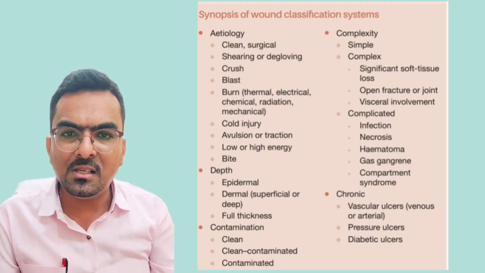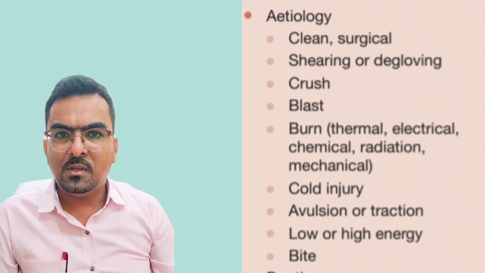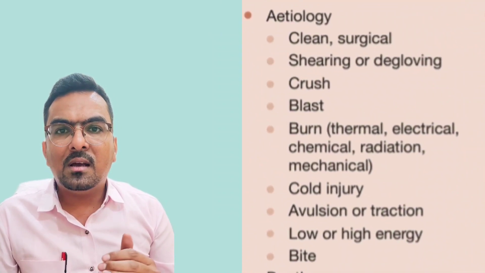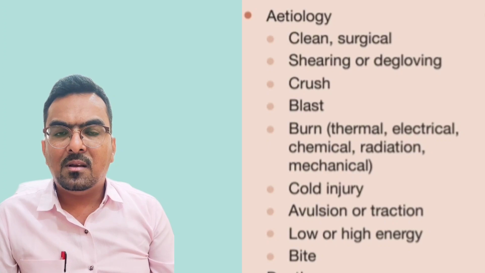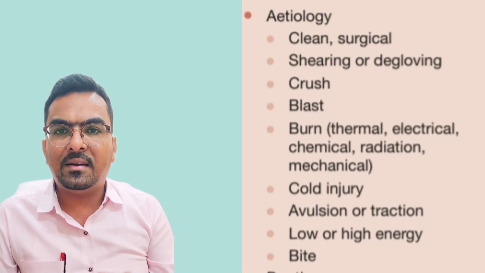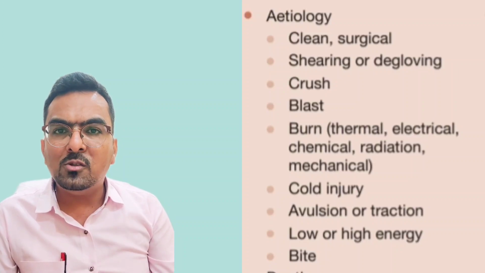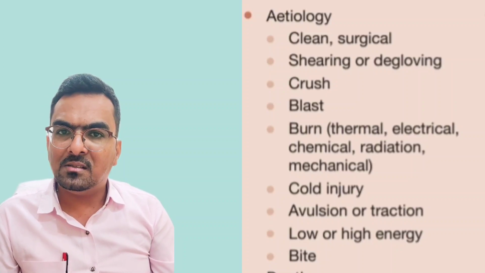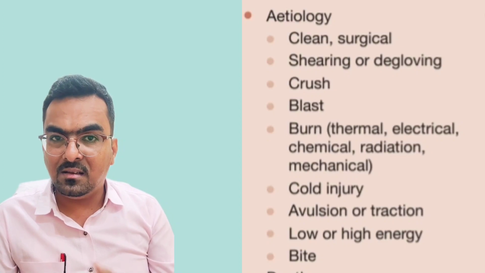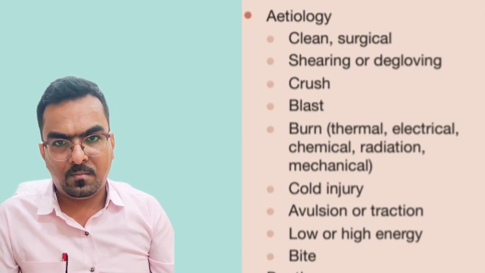Now, let's have a quick synopsis of the wound classification system. In the etiological classification, we have clean surgical wounds, shearing or degloving wounds, crush, blast, burn injuries like thermal, electrical, chemical, radiation or mechanical injuries, cold injuries, avulsion or tractions, low or high energy wounds, and the bites.